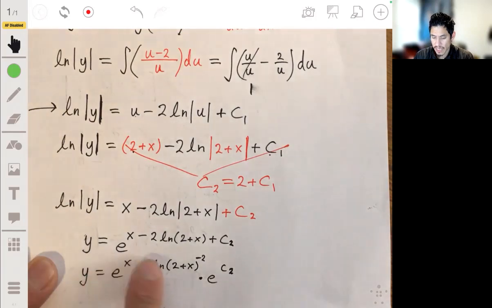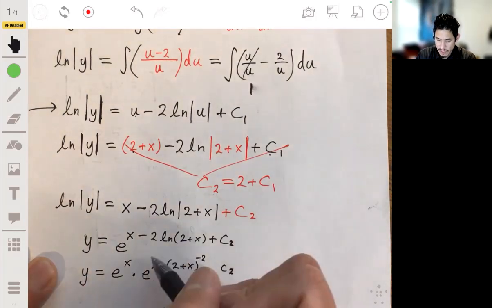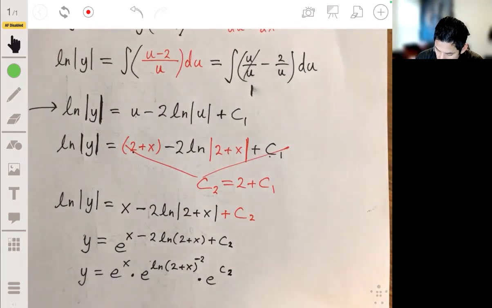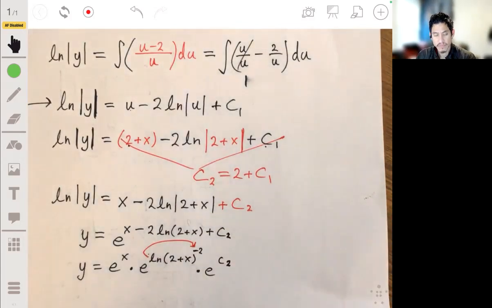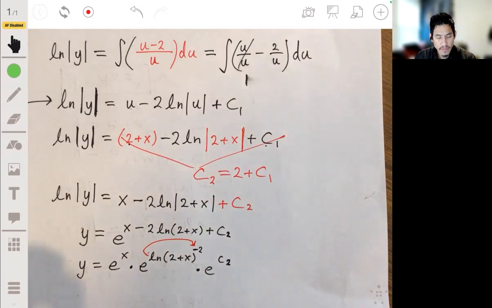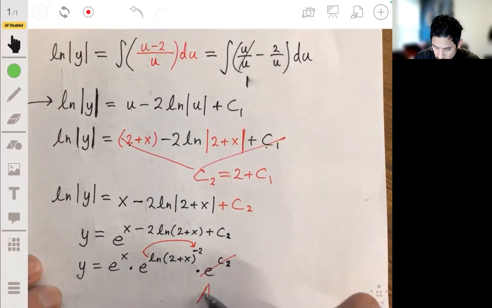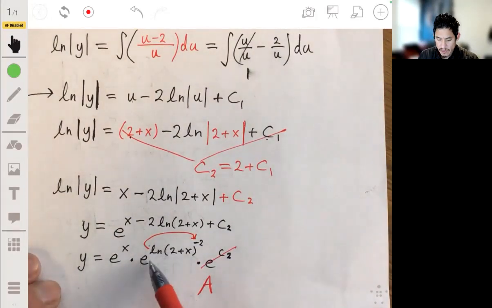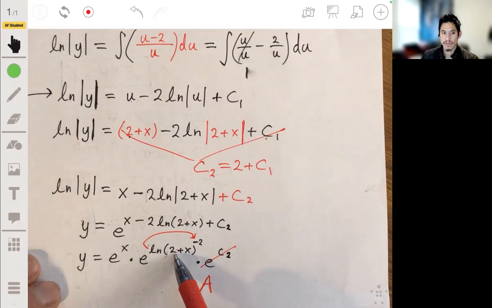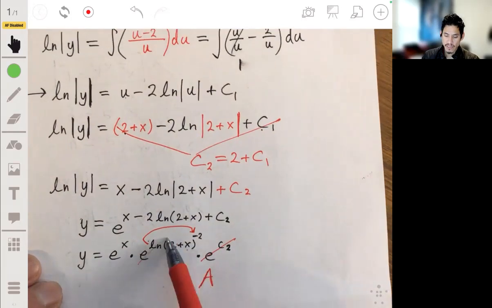Because we can just add those. And again, removing this using the power property of logarithms. Now, e to the c2 is just some other constant. We can call that a. And then e to the natural log of whatever is just going to be that 2 plus x to the negative 2. So these get omitted.